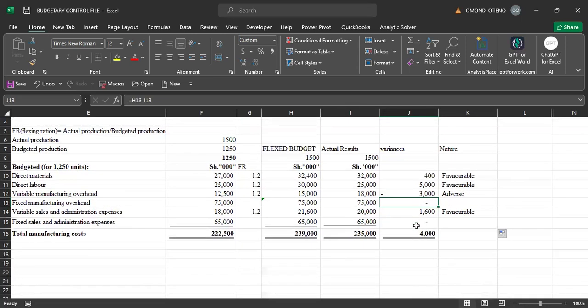Good. Now you can be told to reconcile these particular statements, that is, the budgeted activity and the actual result. So you give us here the total manufacturing cost.